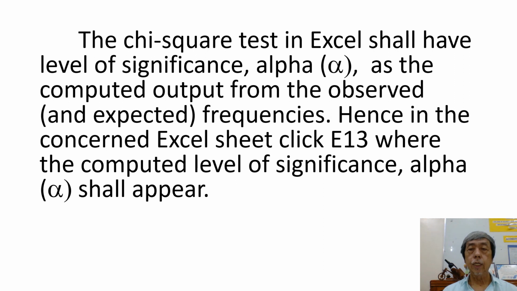The chi-square test in Excel shall have level of significance alpha as the computed output from the observed and expected frequencies. Hence, in the concerned Excel sheet, click E13, where the computed level of significance or alpha shall appear.